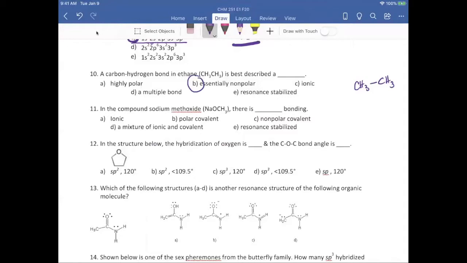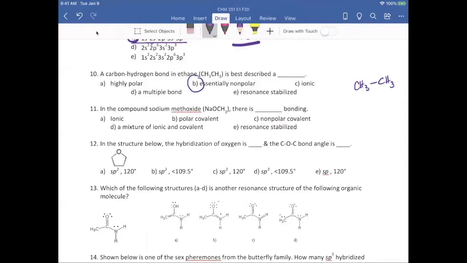It's certainly not ionic because we have two non-metals bonding to each other. It's not a multiple bond because carbon each can have 4 bonds and it's got 3 bonds to hydrogen already. So there's only one left to be between the two carbons. And then it's not resonance stabilized because there's no pi electrons or lone pair electrons to speak of. So the answer is going to be essentially nonpolar.